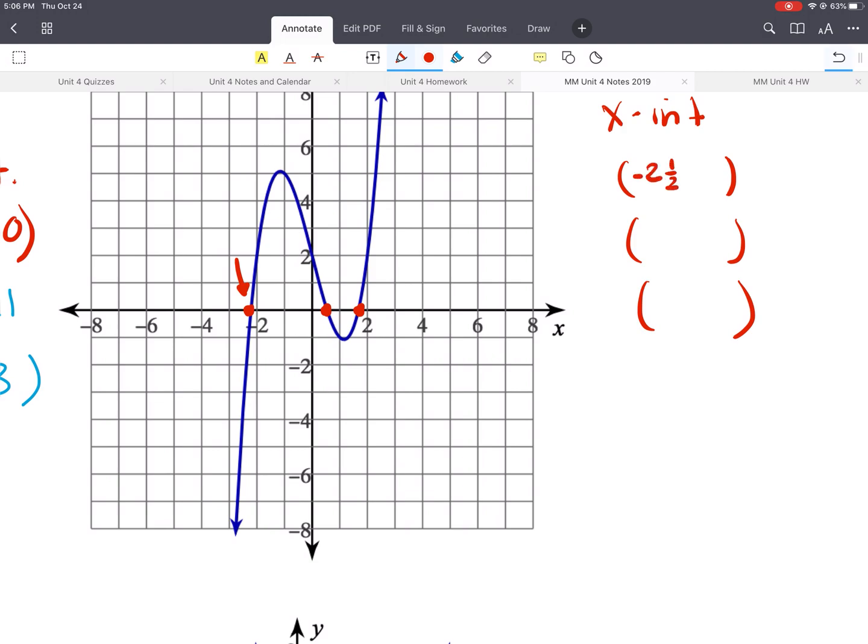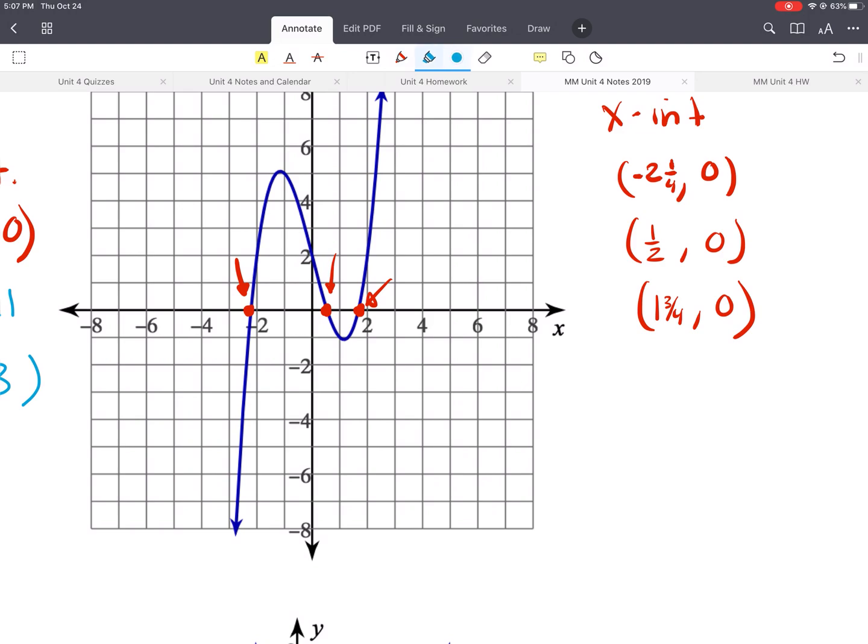And then the y would always be 0, so for all of these it's going to be 0. The next one looks about a half. And the last one looks like maybe 1 3/4. As long as it's a good educated guess, then I am fine with that.